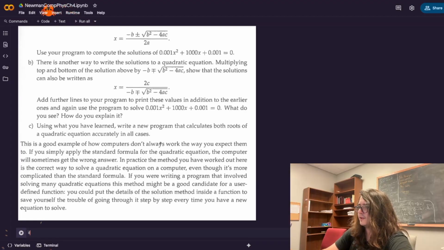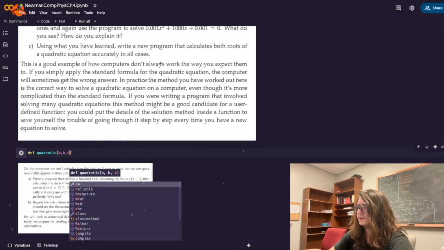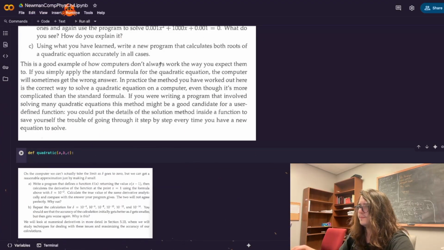Again, it just wants a function that takes in three variables. So I'm going to create a function called quadratic, and have it accept three arguments, A, B, and C. And it needs to return an x1 and an x2, because there are going to be two different solutions, right?